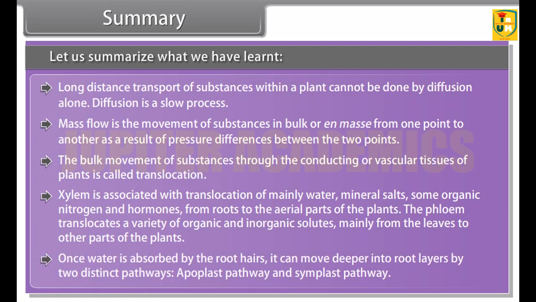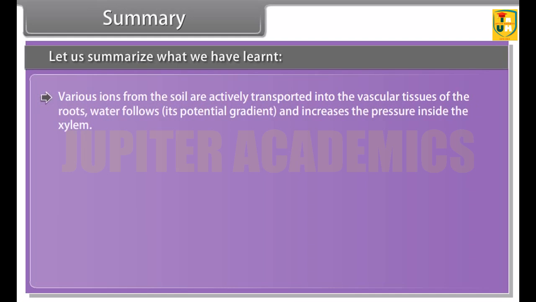Once water is absorbed by the root hairs, it can move deeper into root layers by two distinct pathways, apoplast pathway and symplast pathway. Various ions from the soil are actively transported into the vascular tissues of the roots. Water follows its potential gradient and increases the pressure inside the xylem.